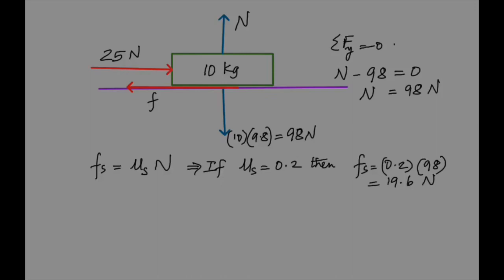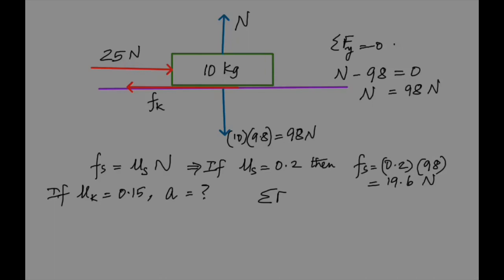Those are the only two forces acting along the x-axis. Therefore, when you consider the net force, and also let's take mu k to be 0.15, because mu k has to be less than mu s, right? Can you find the acceleration? So that's the thing. When you apply that force, what is the acceleration of the system?